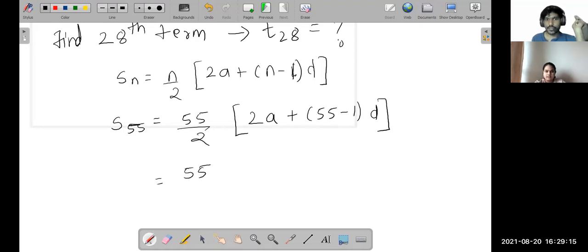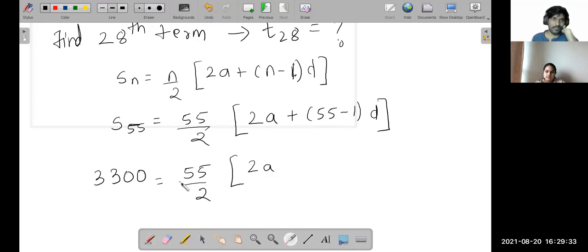Okay, so 55 upon 2 into, and this is given 3,300. So I'll substitute here. When to write S 3,300 and when to write only 3,300? S55 is given to you now. So instead of this, I've substituted 3,300.